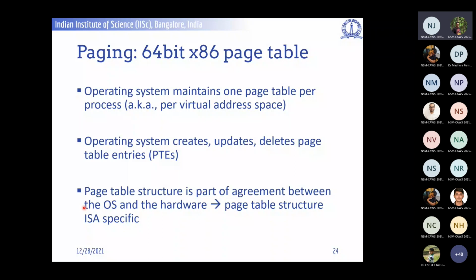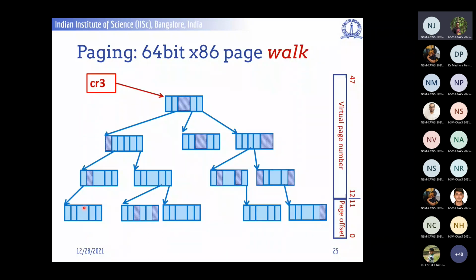But before we do that, the question is how this page table is actually looked up by the hardware. Given a virtual page number, you have to look up this page table to translate it to the physical page frame. The first thing you need is where the root of this page table is located. In x86, that information is kept in a register called CR3 for each core, for the given process that is running.